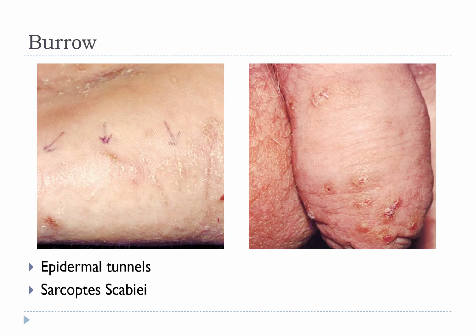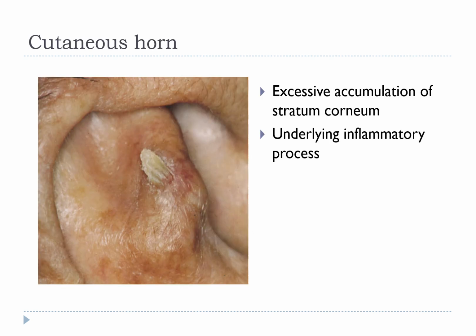Burrows, which are typically seen in scabies infection, are tunnels in the epidermis produced by the burrowing mite Sarcoptes scabiei. A cutaneous horn is an excessive accumulation of stratum corneum in a localized area and usually overlies an inflammatory process, whether it be malignant or benign.